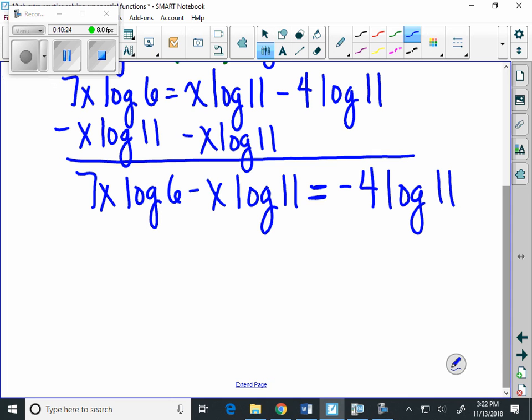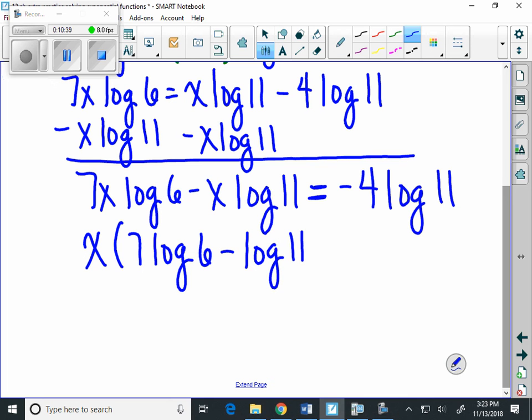And we've seen it before, even on this paper. Since we have more than one x term, we need to factor out an x. And when we factor out an x, we're left with x times 7 log 6 minus log 11 equals negative 4 log 11.